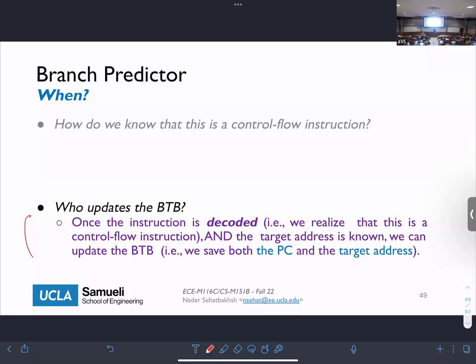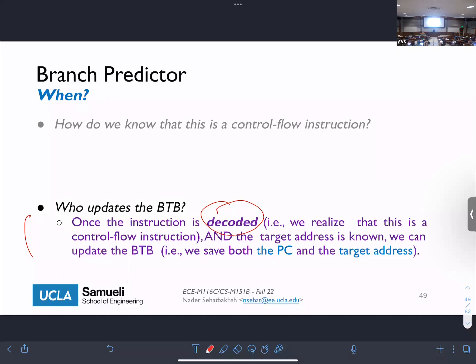Once the instruction is decoded, we know whether this branch is taken or not, we know the target address, and we know that this is indeed a branch instruction. So during the decode stage, it's a great time to update our BTB. We know that this is a taken branch, so we have to go to our BTB and update that address or create a new entry in our BTB.